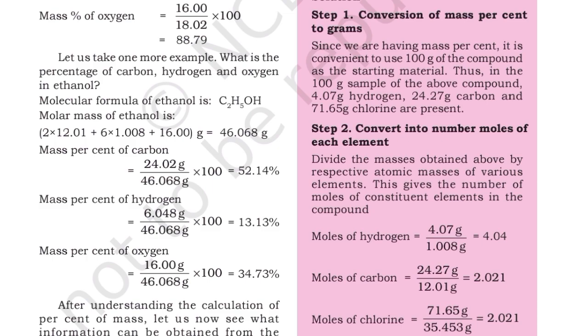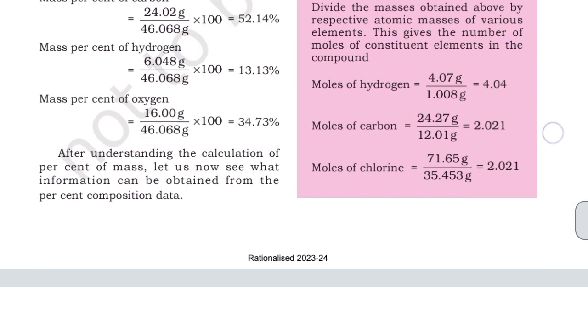Mass percent of hydrogen is equal to 6.048 divided by 46.068 × 100, which is equal to 13.13%. Mass percentage of oxygen is equal to 16.00 divided by 46.068 × 100, which is equal to 34.73%.